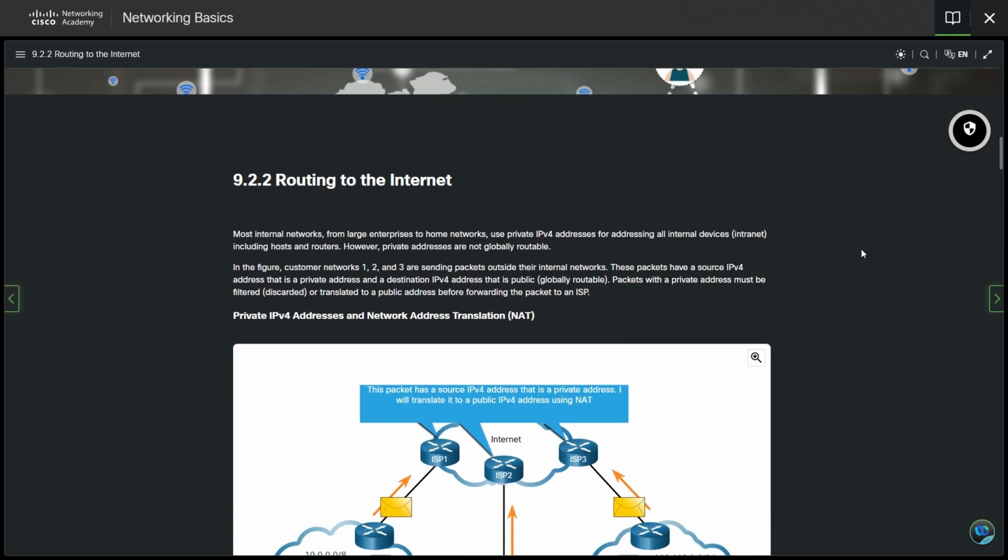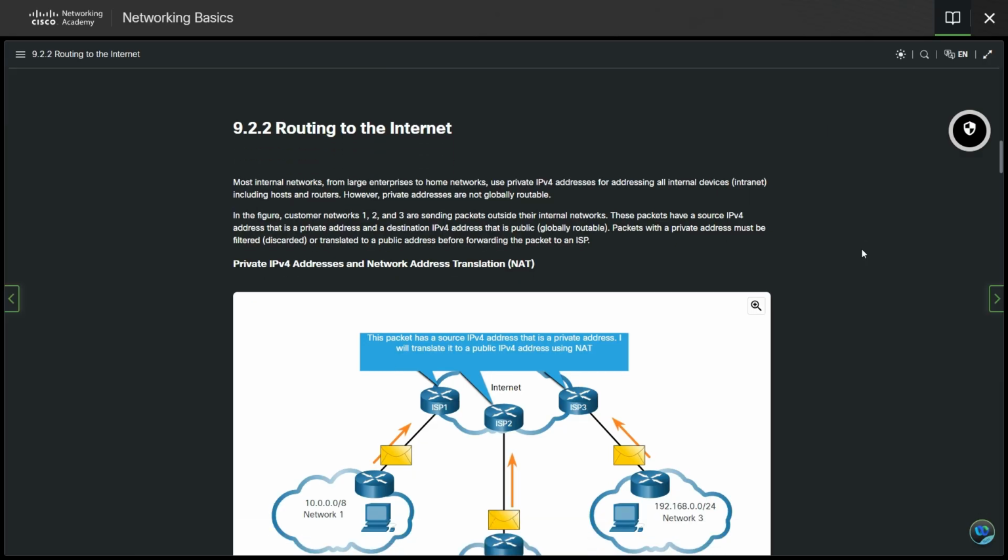The next topic is routing to the Internet. Most internal networks, from large enterprise to home networks, use private IPv4 addresses for addressing all internal devices, intranet, including hosts and routers. However, private addresses are not globally routable. In the figure, customer networks 1, 2, and 3 are sending packets outside their internal network.